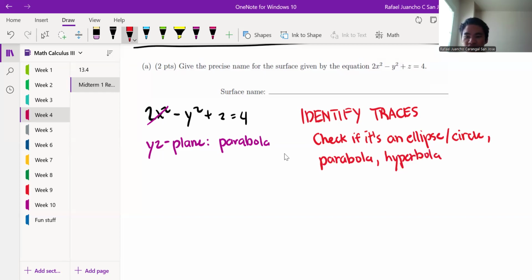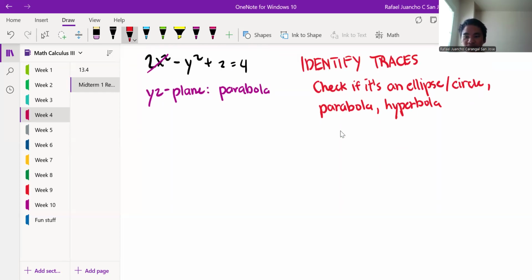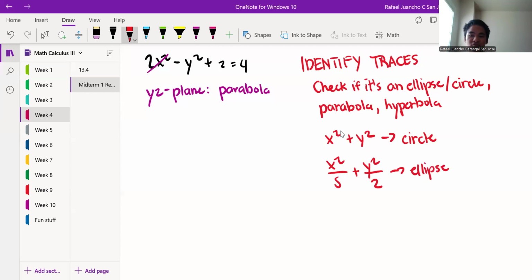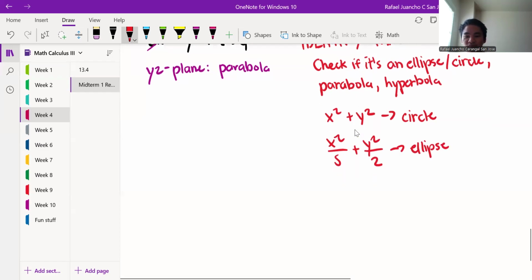How do we know if it's an ellipse or circle? Well, if we see something like x squared plus y squared, that's definitely a circle. If it's something like x squared over 5 plus y squared over 2, that's definitely an ellipse because their numerical coefficients are different. But here, their numerical coefficients are the same. These are both 1.